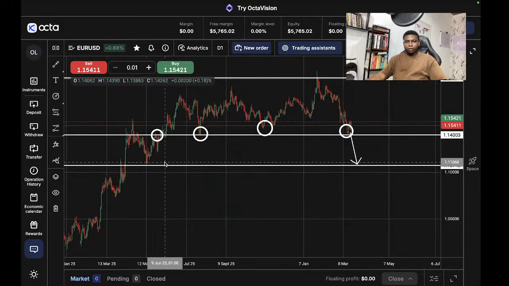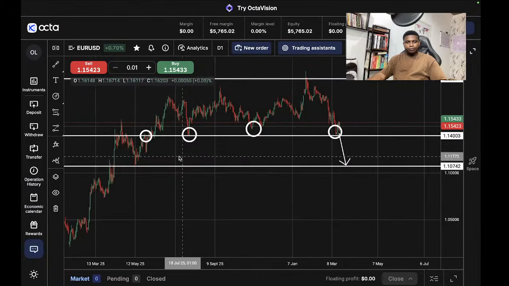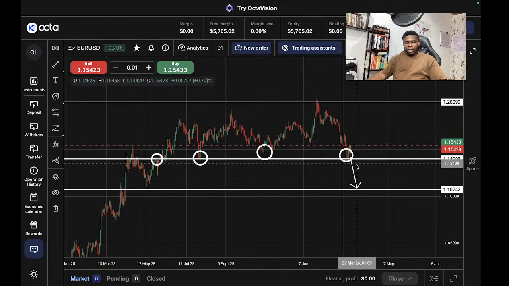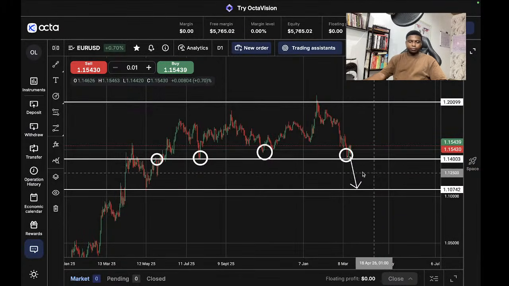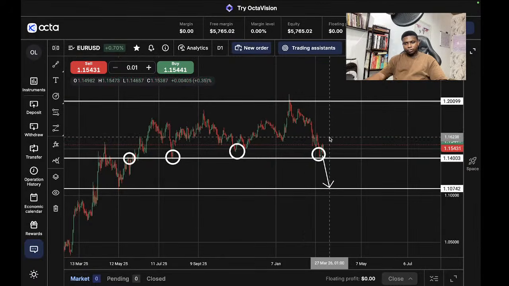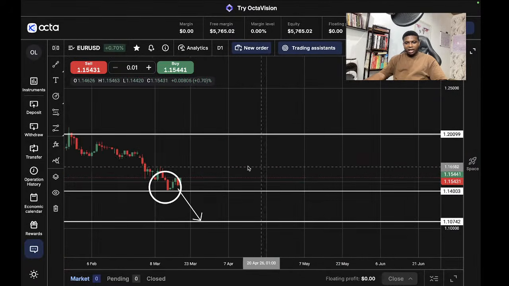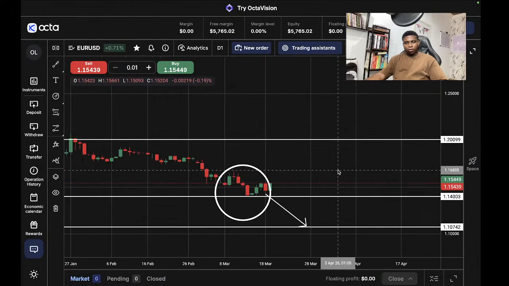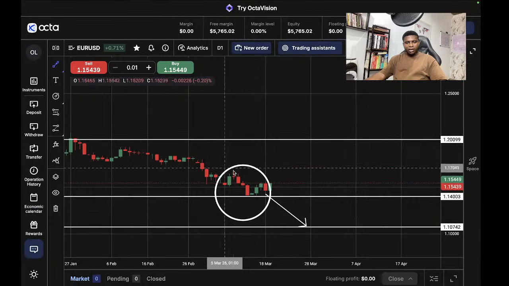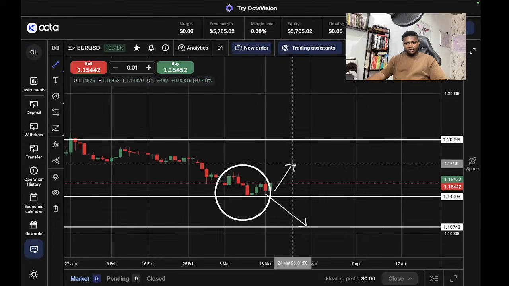Good. So we are looking out for a breakout on this support zone. If there's a breakout on this support zone, then there will be a continuous fall in price. Plus, when we look closely, we might see a push up in price up to this level.